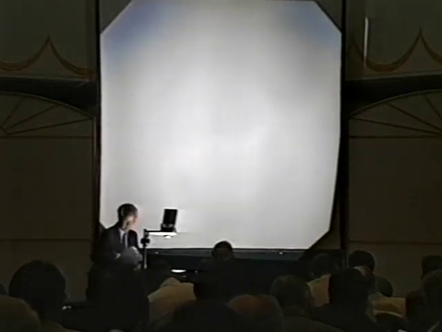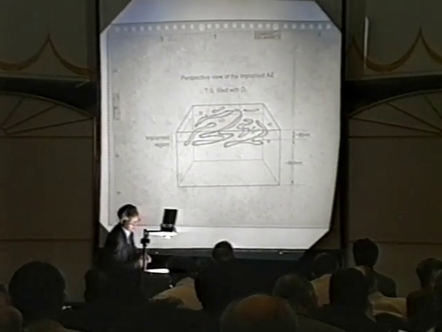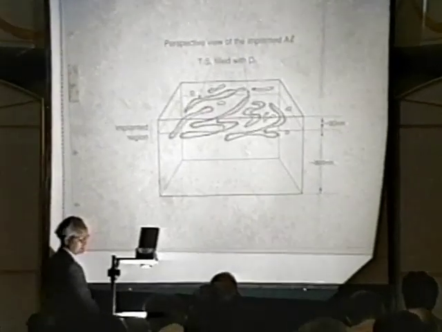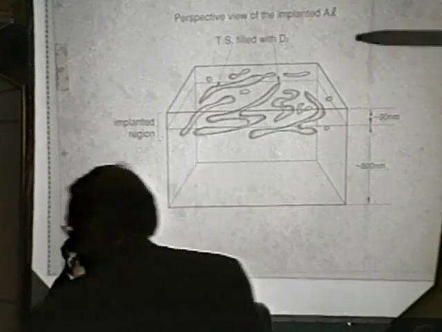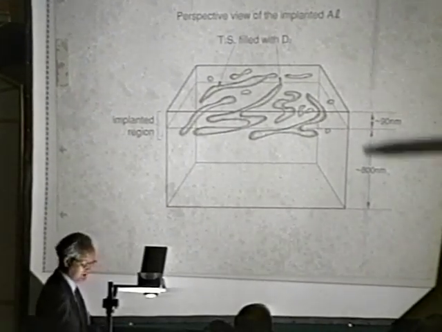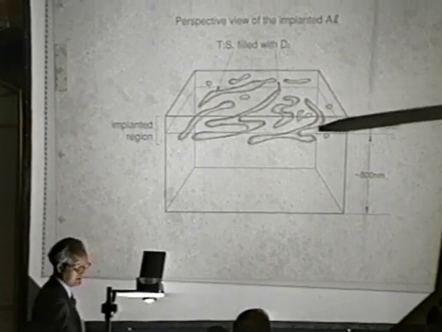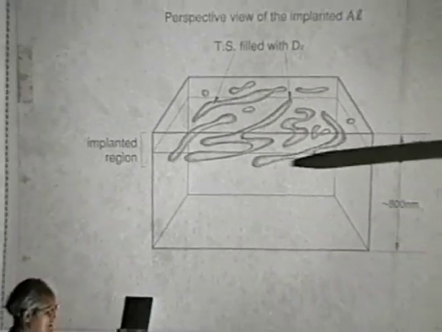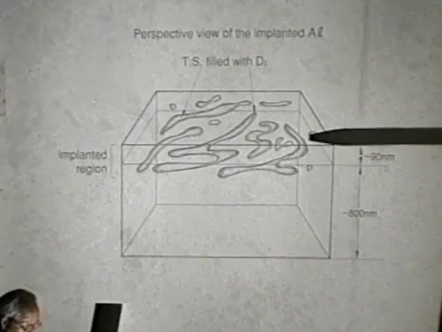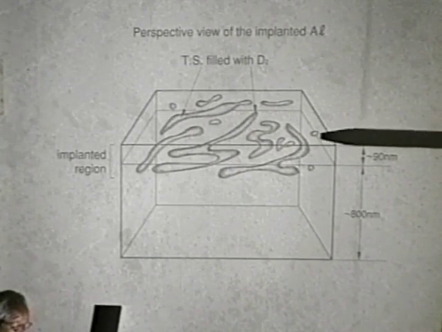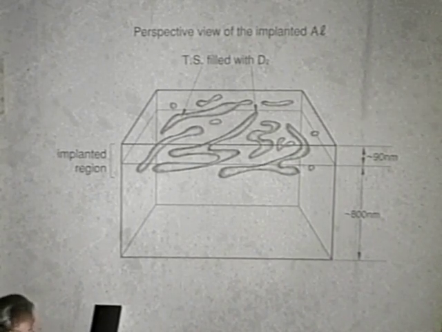And this is the perspective view of the implanted aluminum. I hope it is seen three-dimensionally. It looks like a tunnel in the subsurface layer, and it is what I call the tunnel structure.